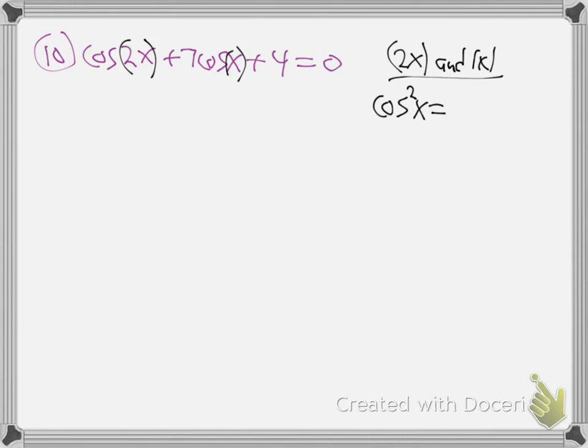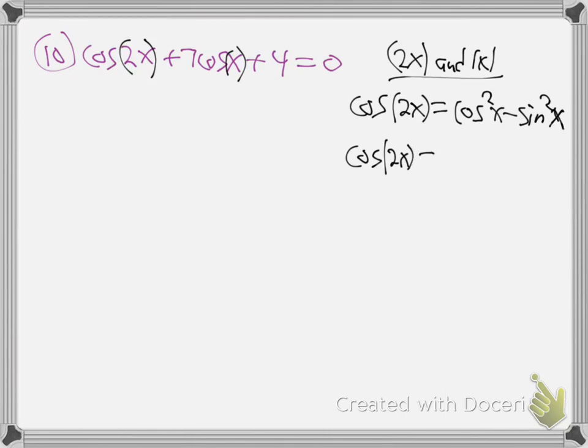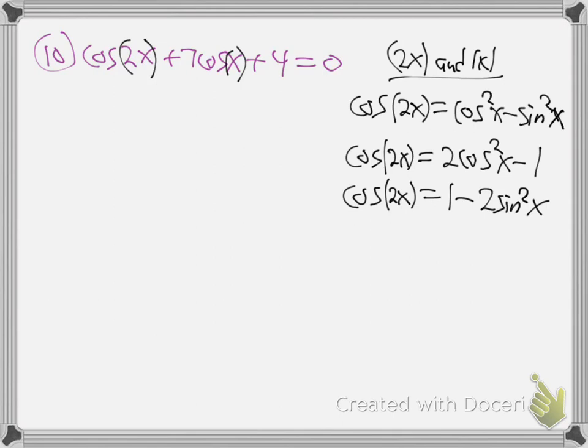Cosine 2x is cosine squared minus sine squared. I don't want to use that. There are 3 different options.